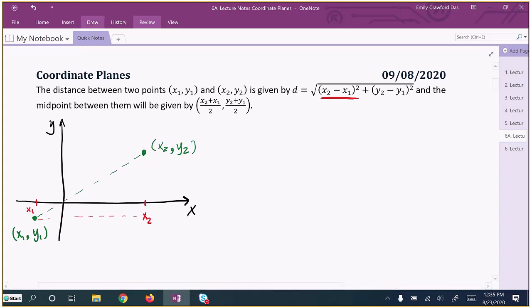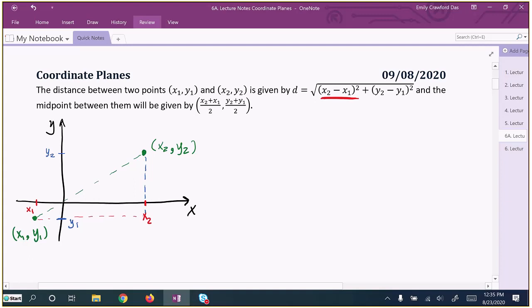Then I want to find the difference between their y coordinates. So in this case, here's y1, here's y2. So that straight line distance is this blue line. I'll take that distance and I'll square it, and then I'll take the square root.